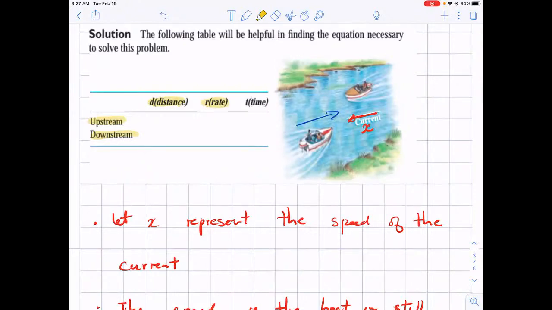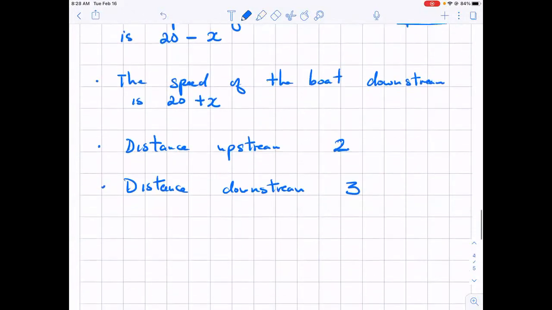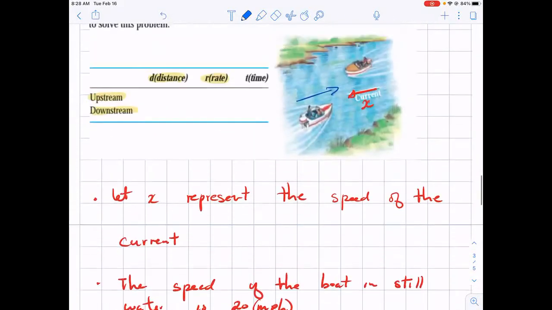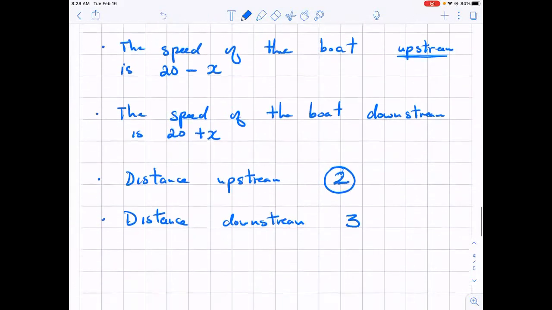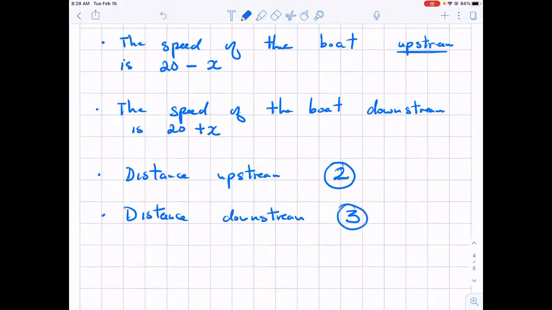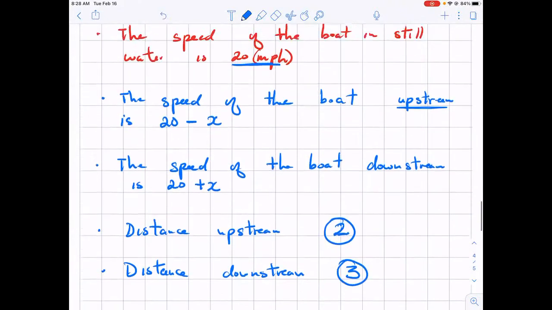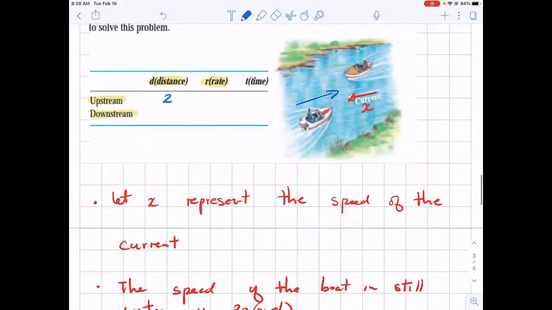If I fill in those values, the distance upstream is 2, so I will write that in there. The distance downstream is 3, so I will write that here.